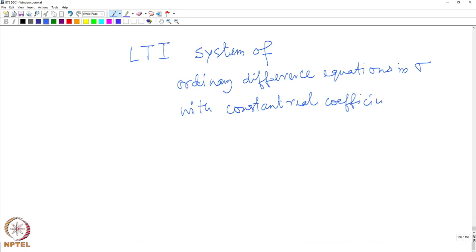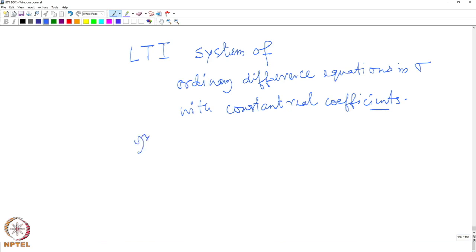This should ring a bell because these are the kind of systems that we have been looking at so far, although of course, we looked at continuous systems where we had differential operators as opposed to difference operators, but there also we had ODEs, ordinary differential equations. So, just look back at your earlier lectures when we were dealing with descriptions of systems in kernel representation and so on. What we are typically looking at here is basically all those.